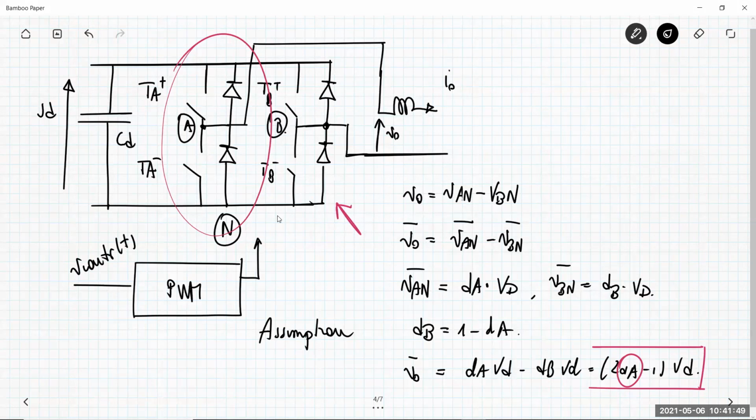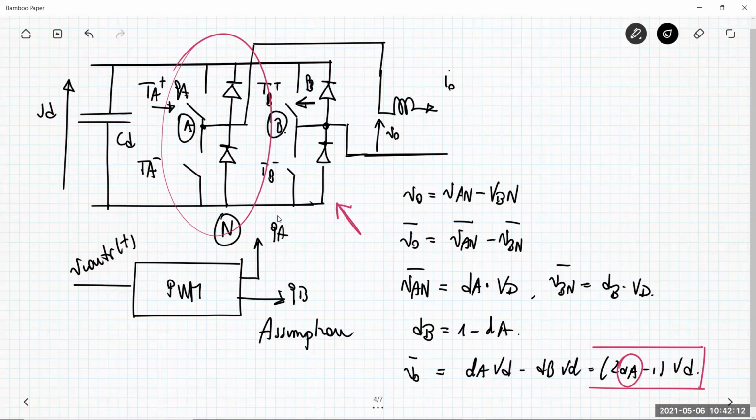And so these exit with a QA and a QB unity switching function. One is the signal commanding the transistor TA plus, and the other one is the signal commanding the transistor TB plus.